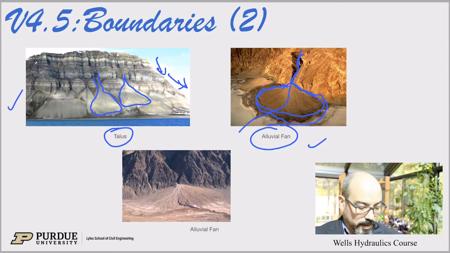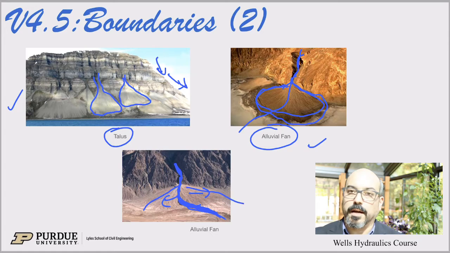Okay, another example here, we can see the current channel coming off of that canyon and then coming out of here. Obviously those channels over time move left and right and leave the alluvial in that typical fan shape.